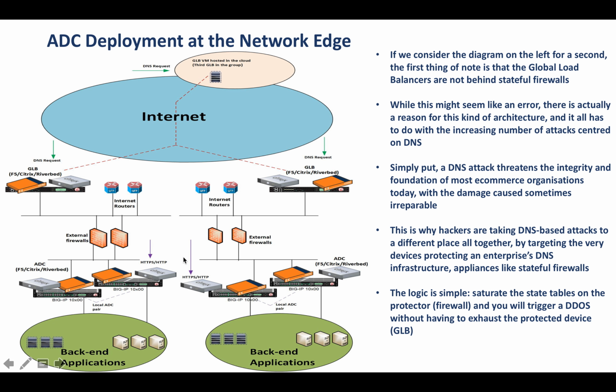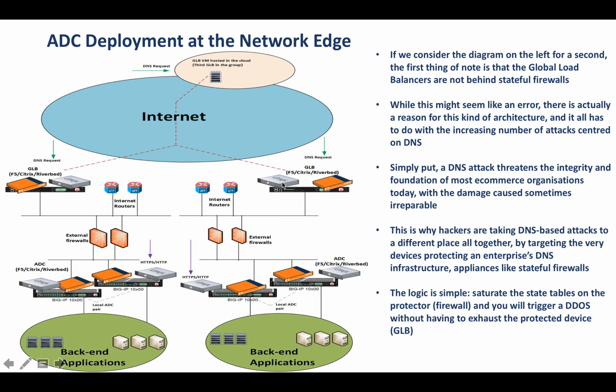Okay. Now, the diagram also introduces another key device not yet mentioned, global load balancers, as you can see here. Okay, so in this scenario, we have a global load balancer in data center 1. Again, we've gone for multiple brands, it could be any.